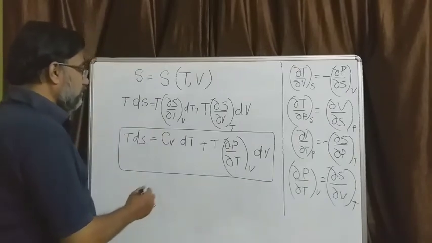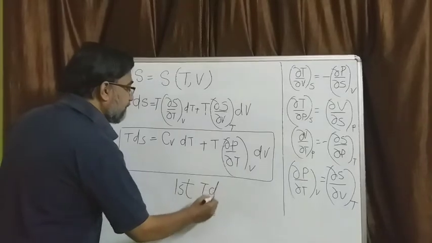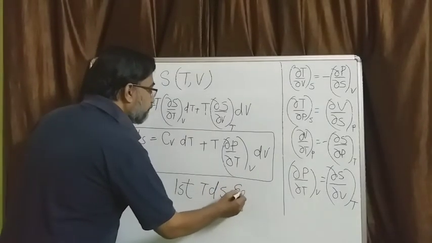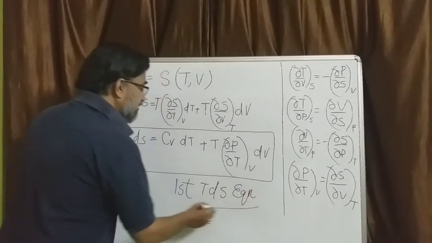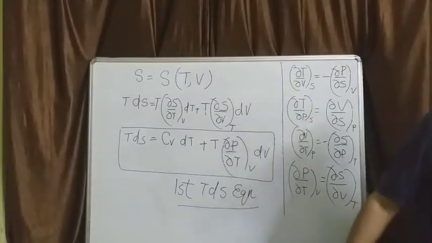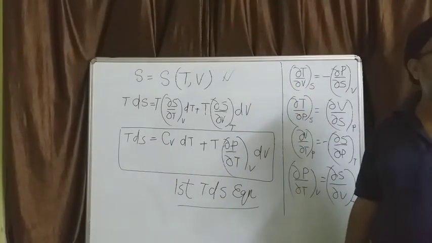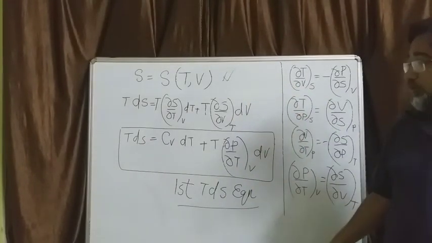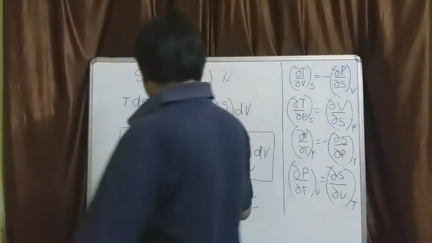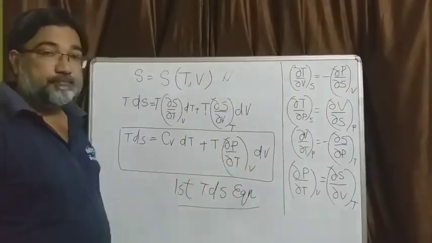This is called first TDS equation. So we derived an expression for TDS from the relationship or statement that entropy is a function of temperature and volume, and it comes out to be TDS is equal to Cv dt plus T dp dt v dv.